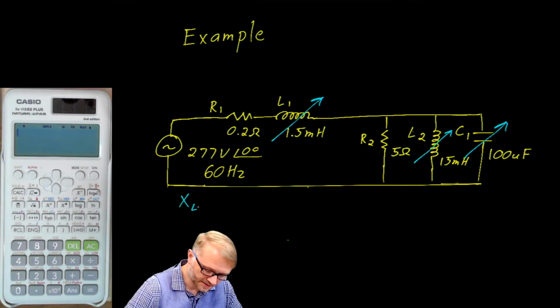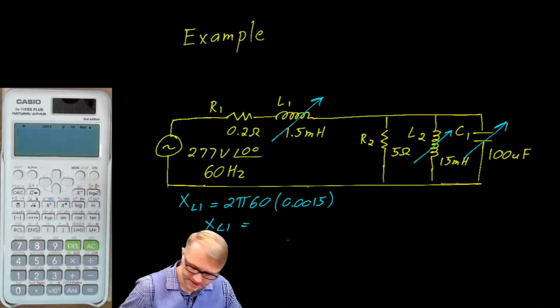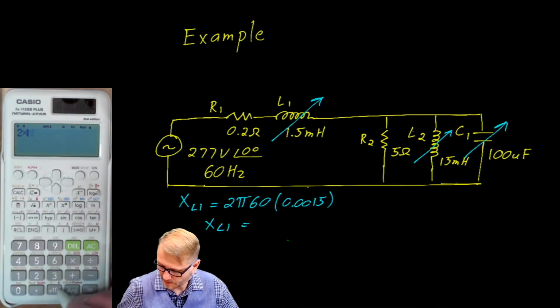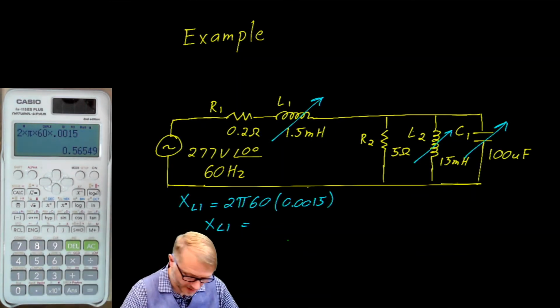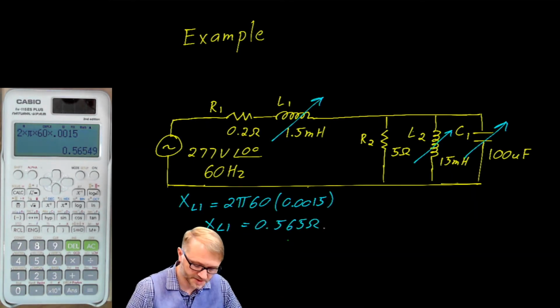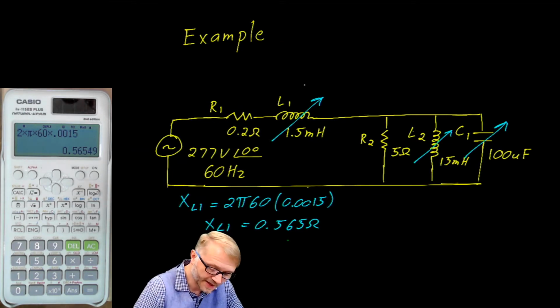The reactance of L1 is equal to 2 pi f L, which works out to 2 times pi times 60 times 0.0015, which is 0.565 ohms, translates to an impedance of j0.565.